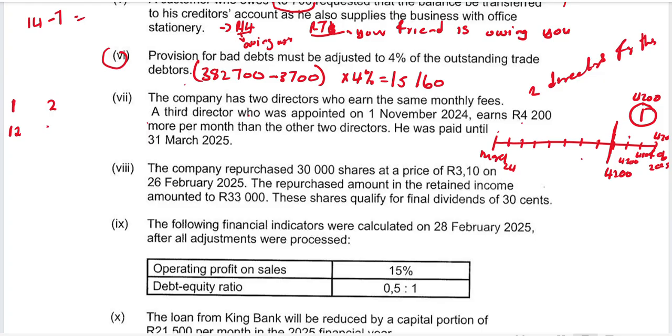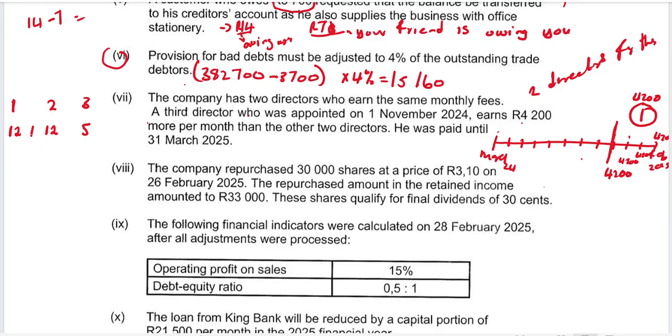They received their director's fees, and then the third director we appointed on 1 November 2024. So he received a director's fee for how many months? For November, December, January, February, March, which is 1, 2, 3, 4, 5. Here we're going to put 5.